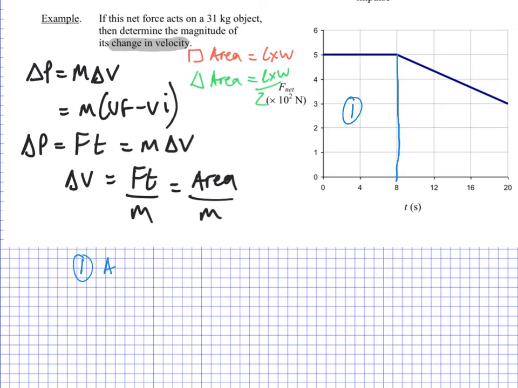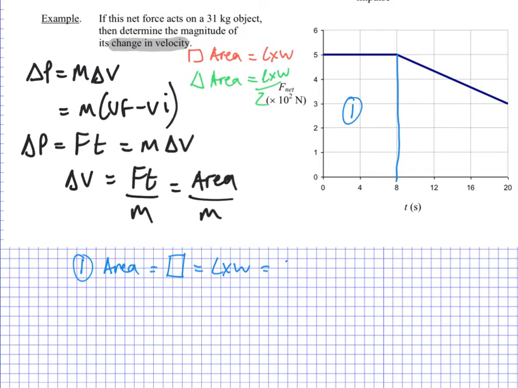And so area number 1 is a rectangle, and so it's going to be length times width. And it doesn't matter which one I choose. I'm going to pick the length to be my force. So it's 5 units, not forgetting that I need to multiply by 10 to the power 2. So I'm going to put that in.